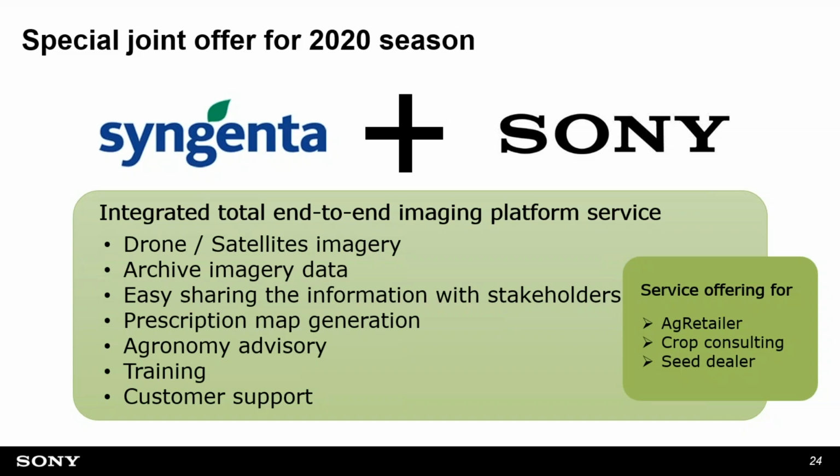FarmShots enables you to do reports, and the Sony system also does that as well. You can also use those images to create prescription maps, enabling agronomic advice. We're also providing training on how to use imagery effectively and customer support, in a service offering targeted at ag retailers, crop consultants, and seed dealers.